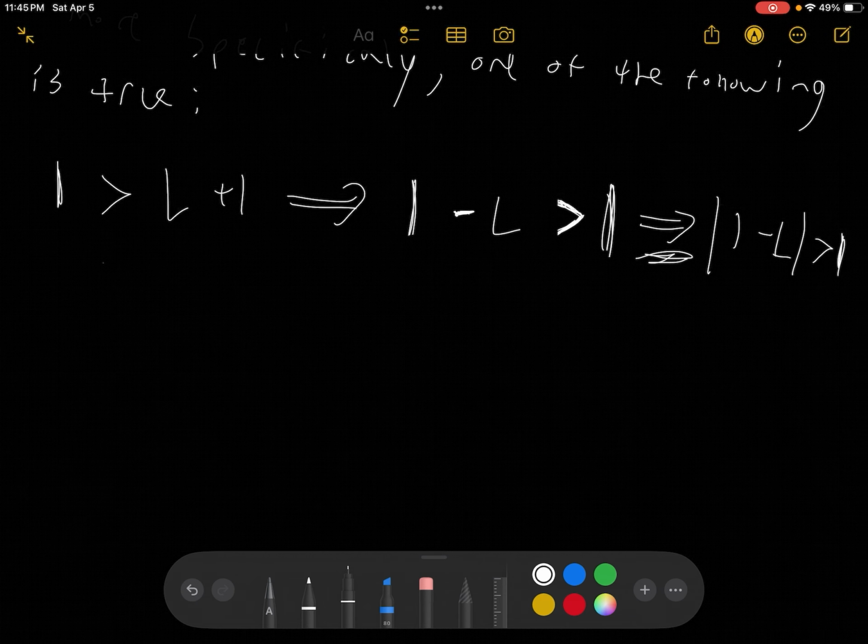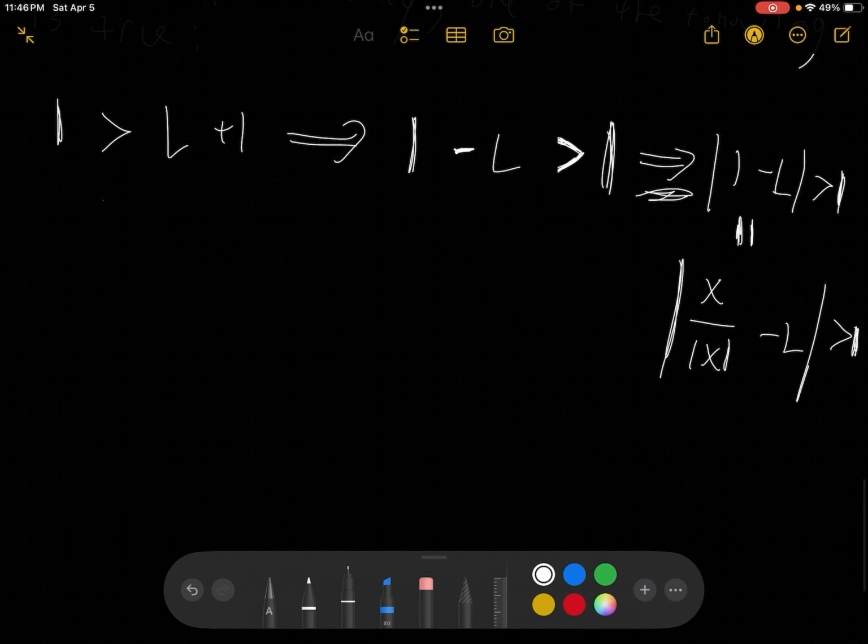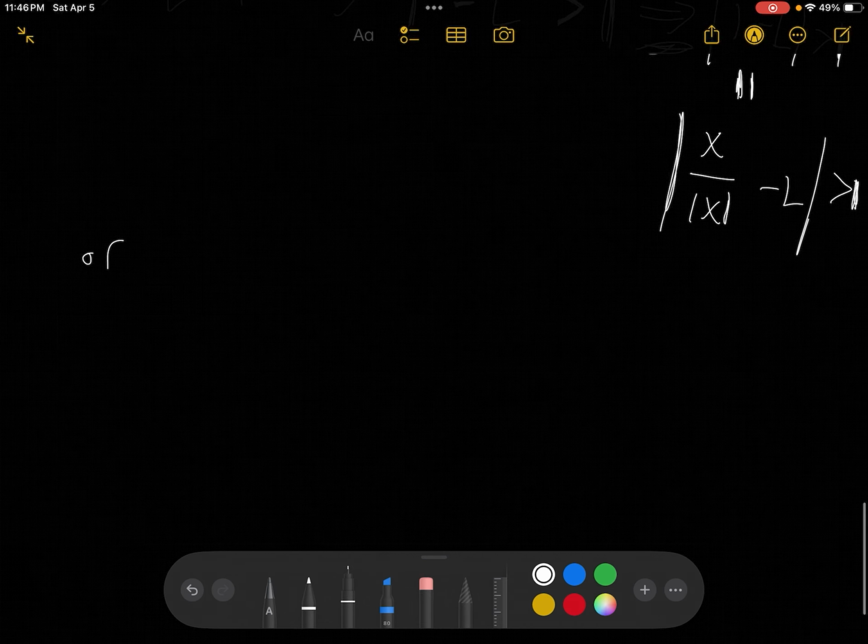So you can just take the absolute value of a positive number and you're not going to change anything. And recall that this is sufficient to complete the proof because 1 is exactly the value of x over absolute value of x for all positive x values.